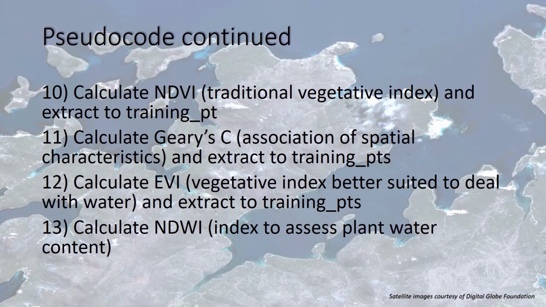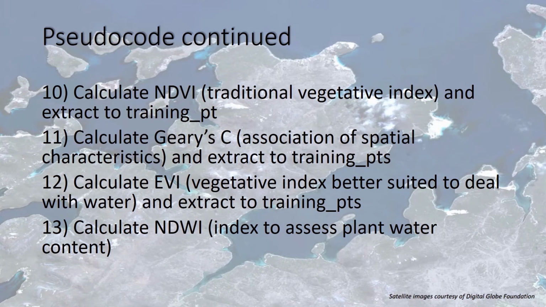They're meant to look at different characteristics in your data and pull out different features. I do something called Geary C, which is basically trying to see if there are shapes that form in the imagery and if they link together.